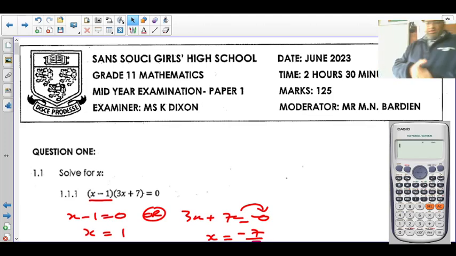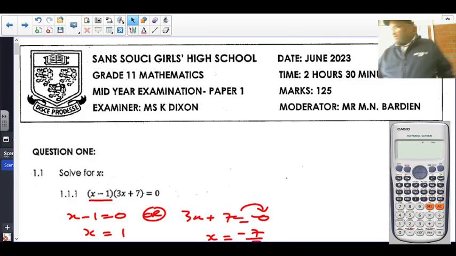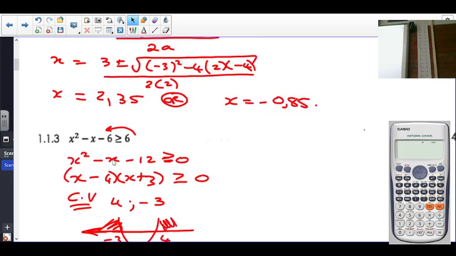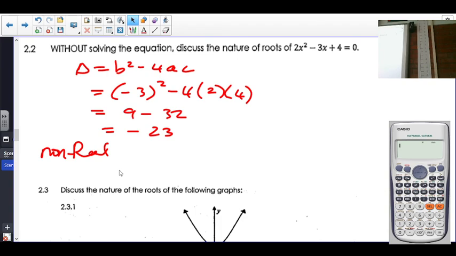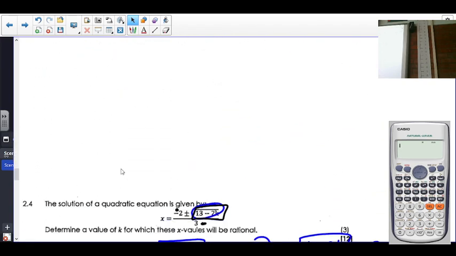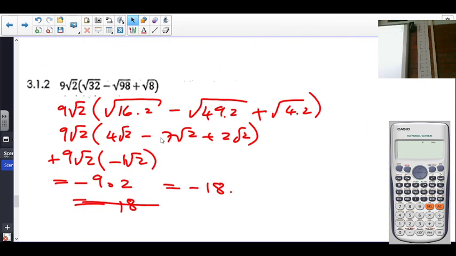Okay, good morning class. So today we're looking at the paper you guys have written. Yesterday we got up until question 5, the next page already.